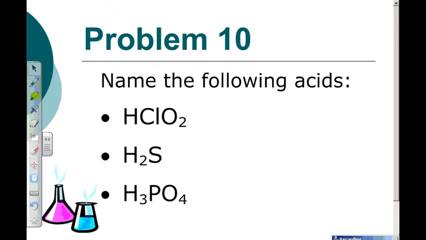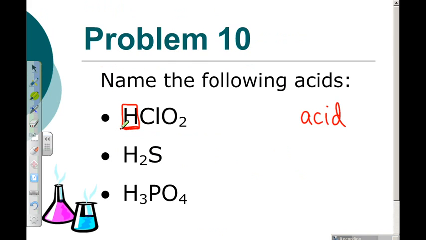The first example I have here is given to me as a formula. What do you see at the beginning of this formula? See how there's an H here? When I see an H at the beginning of the formula, I take my pen and I write down acid, because anytime it starts with a hydrogen, it's going to be an acid. Then I look at the rest of the molecule.